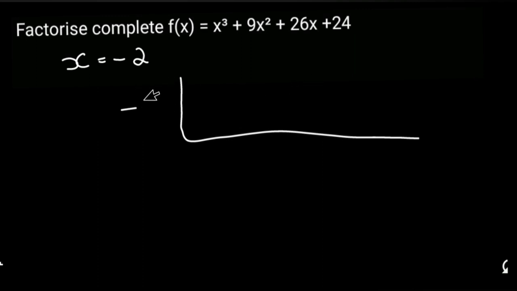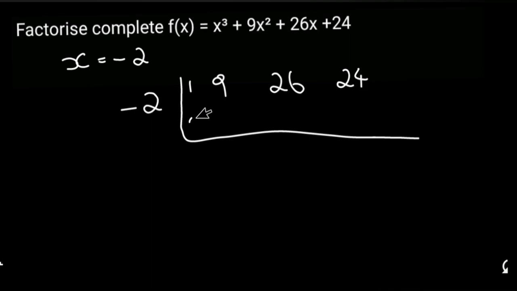So it's going to be -2. You're going to put the coefficients of f of x in this form. The coefficient of x cubed is 1, the coefficient of x squared is 9, the coefficient of x is 26, and our constant value is 24.